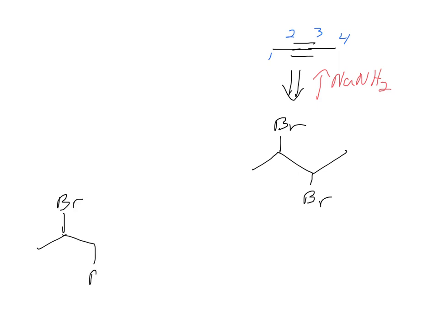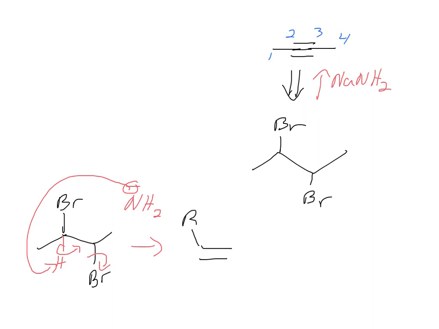And we already know what kind of alkenes we like to make. Cis or trans alkenes, E or Z alkenes. We like to make E alkenes, right? We want to get things away from each other. So it doesn't matter which one I pick first here. If I take that H, the first step we're going to make an alkene. This bromine's still there.